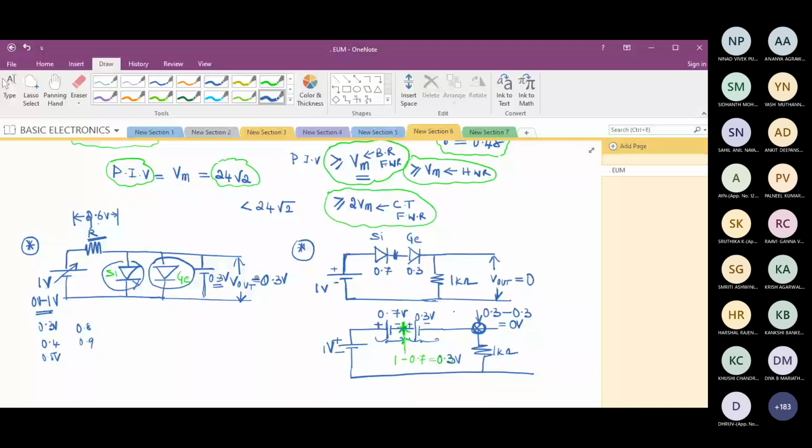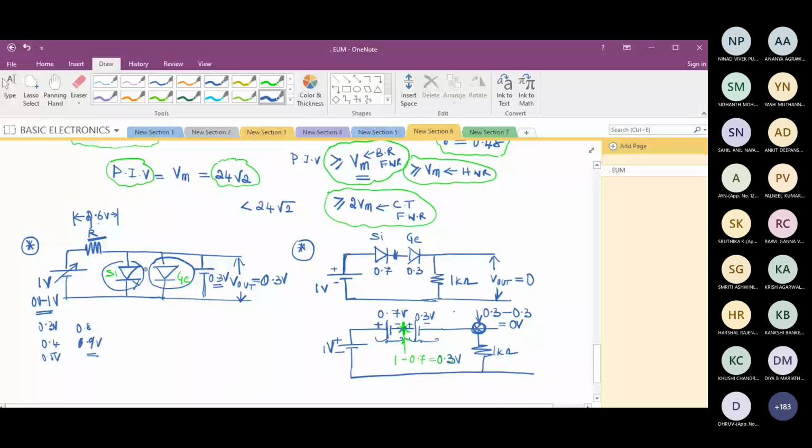Sir, how did you write the voltage across R equal to 0.6 volts? Suppose my question is, once the input goes above 0.3, 0.4, 0.5, 0.6, or say 0.9, what I mentioned just now, germanium is going to conduct first.